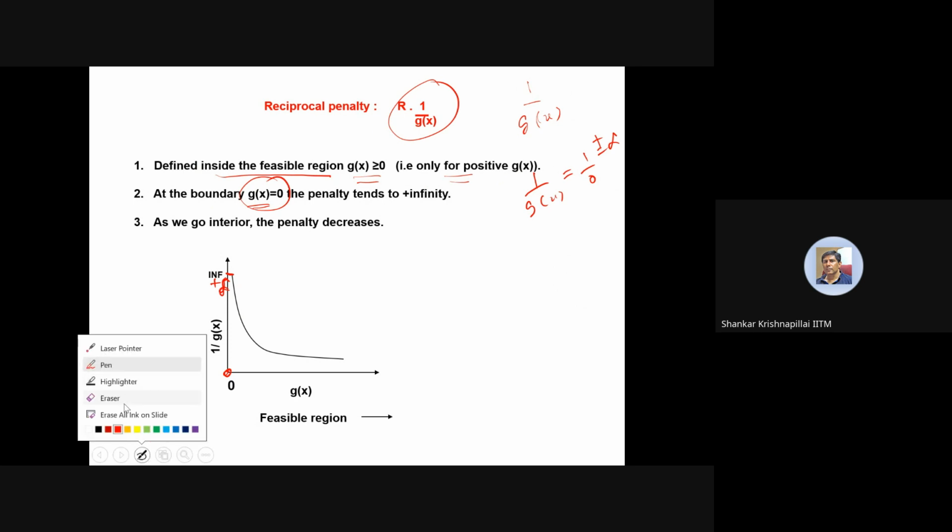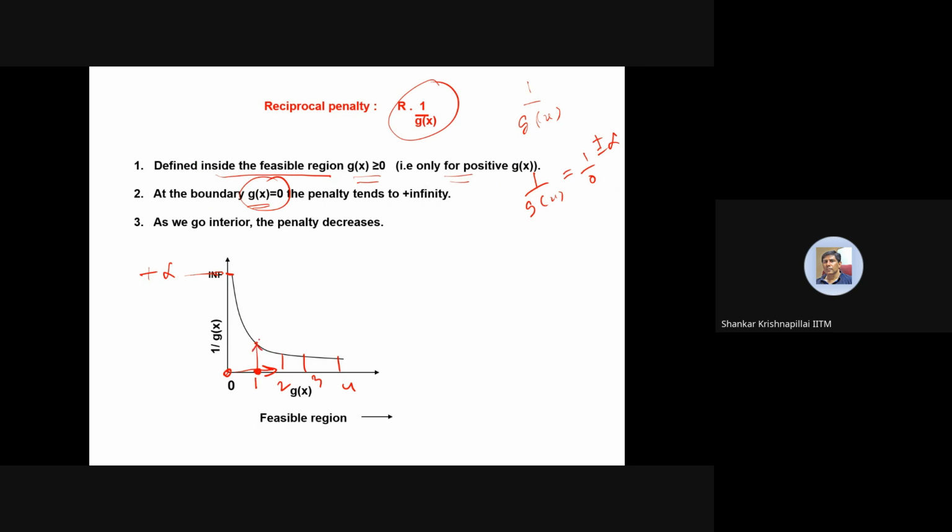At the boundary, penalty is plus infinity. As you go in the interior of the feasible region, suppose it is 1, 2, 3, 4, etc. Here penalty will be 1 by 1 is equal to 1.